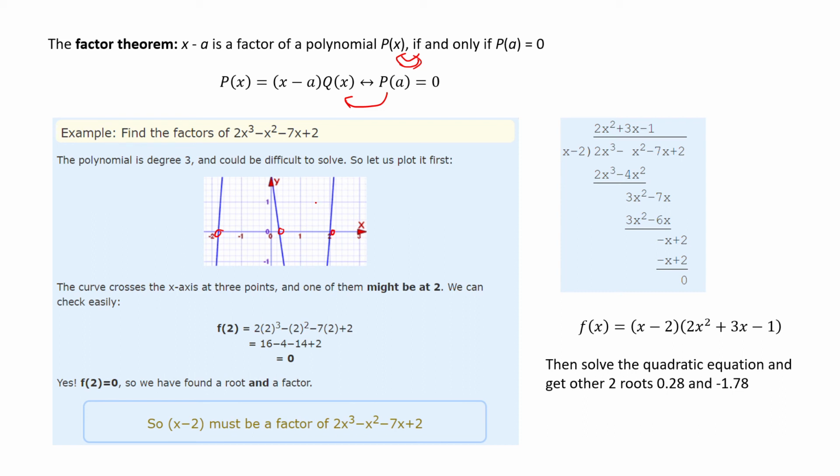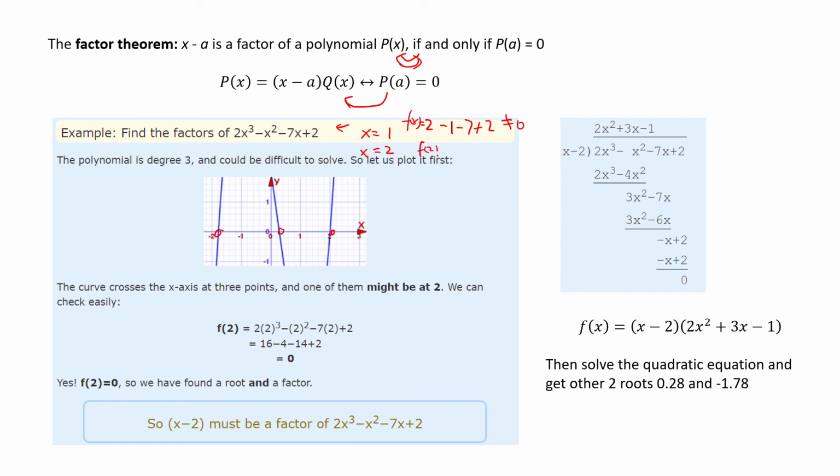We can start by trying x = 1. We have f(1) equal to 2 − 1 − 7 + 2. This is not equal to 0. That means x − 1 is not a factor, and we can try x = 2.